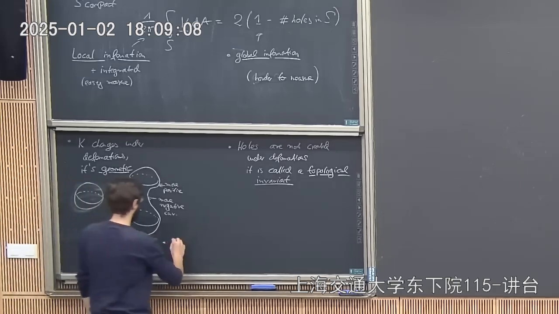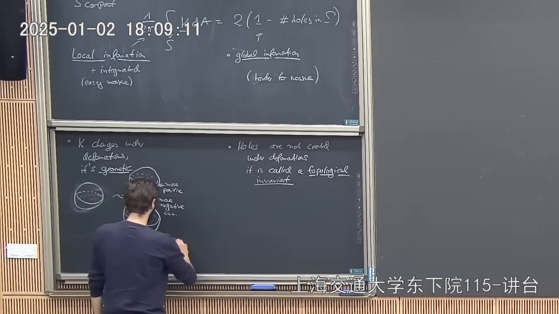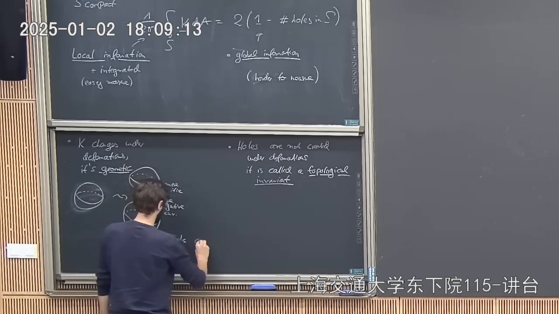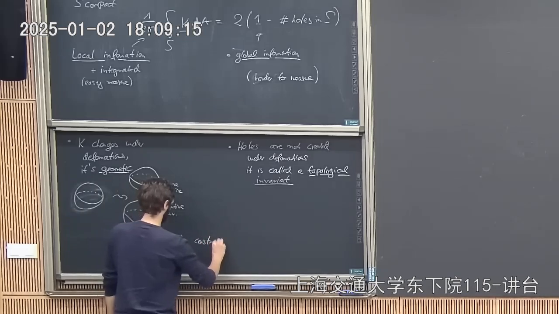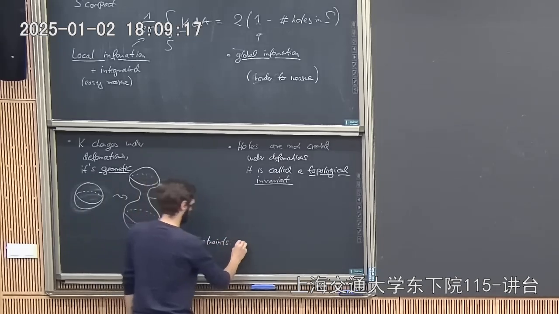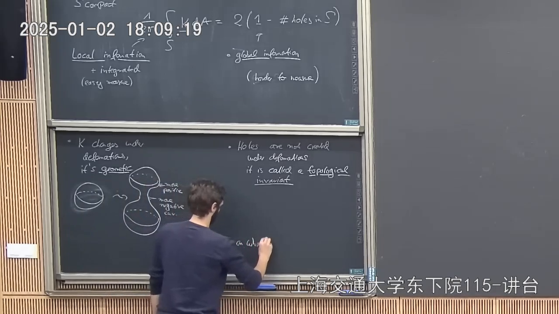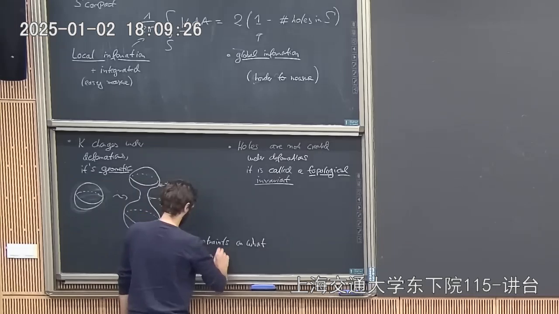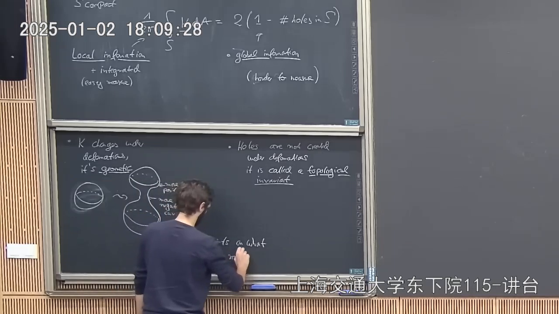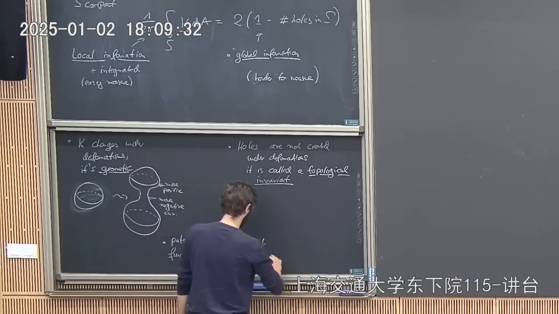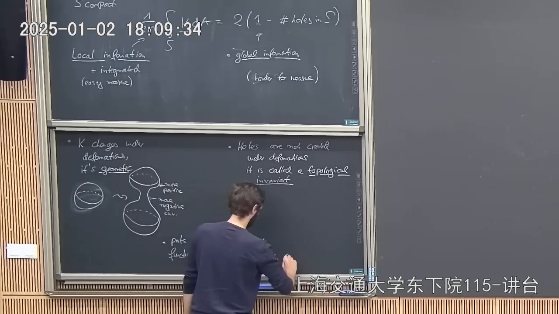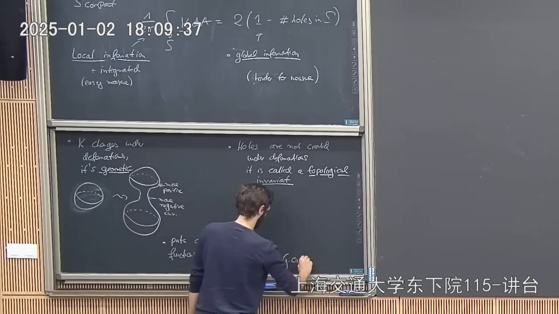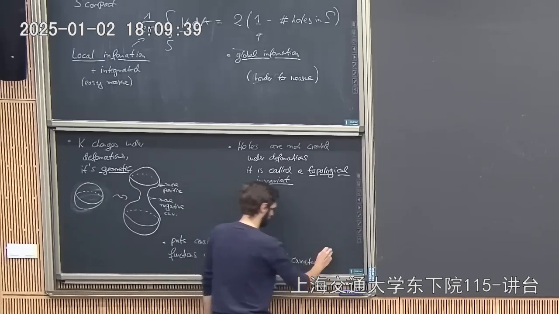So it puts a constraint on what functions can be realized as the Gaussian curvature on a given surface.